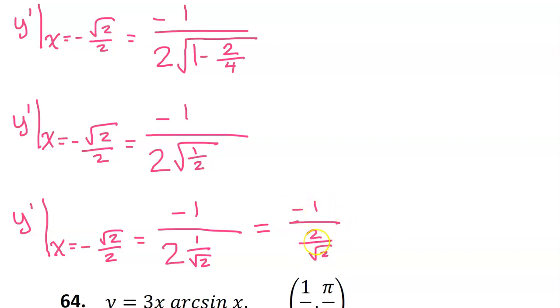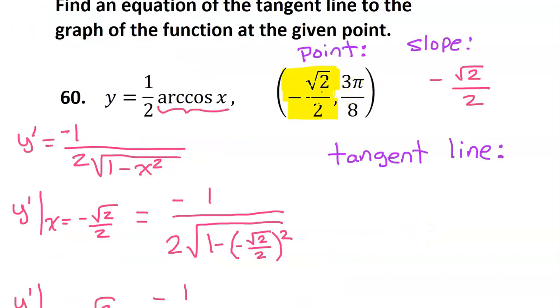When you put 1 over something, you're just taking the reciprocal. So this really means the reciprocal, which would be radical 2 over 2, but the negative is still there. So ultimately, the slope that we were looking for, the slope at an x value of -radical 2 over 2, is -radical 2 over 2. What a coincidence. Now that we have a point and the slope, we can go ahead and write the equation of the tangent line.